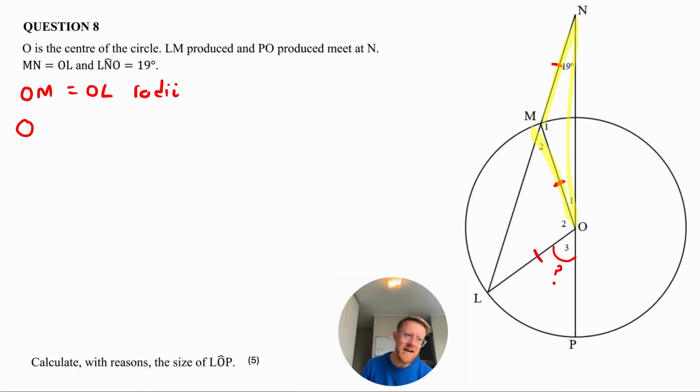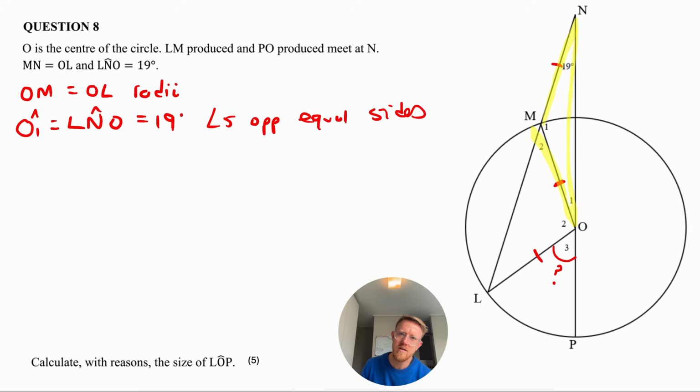So we can say that angle OML is equal to angle LNO, which is 19 degrees, and the reason for that is because those are the angles opposite equal sides. So we now know that this is 19 degrees.